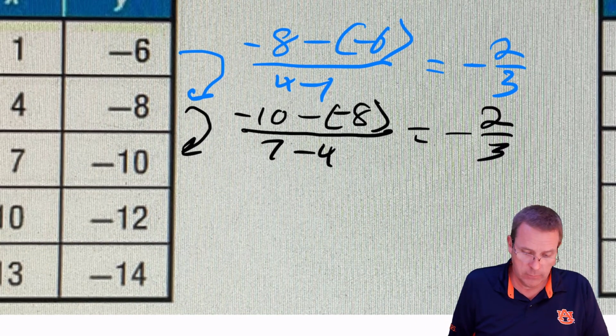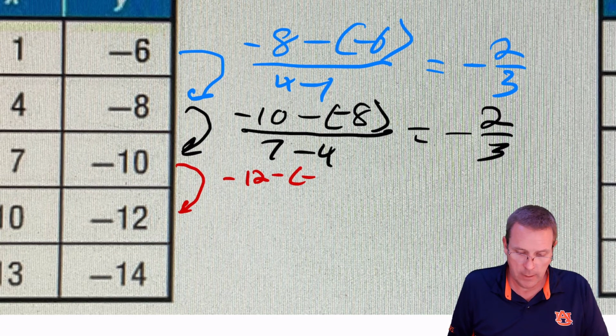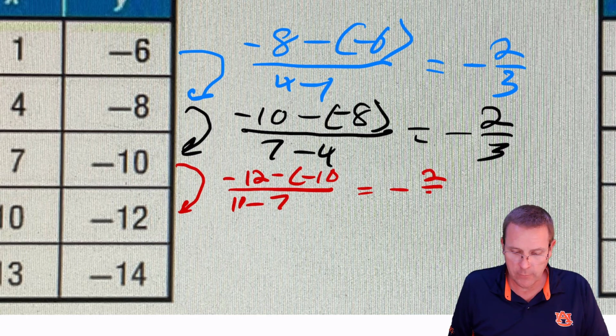Now we're going to do the next one, which would have been, pick another color here. That one is going to be, where is it at? A -12 minus a -10, all divided by a 10 minus 7, which once again gave us a -2/3.